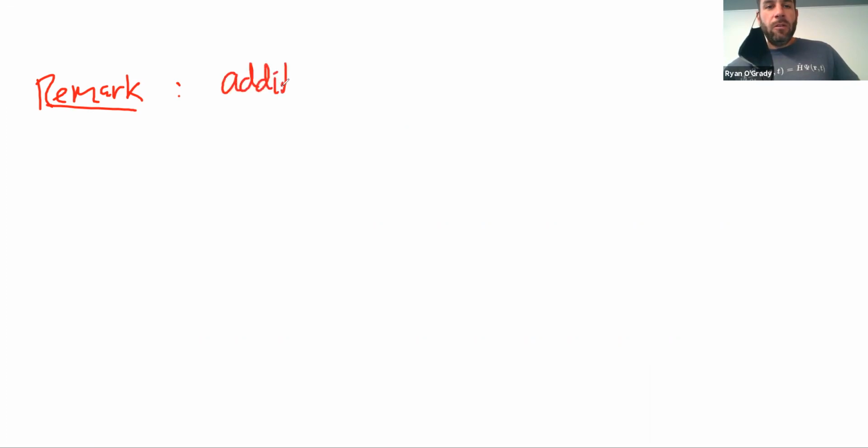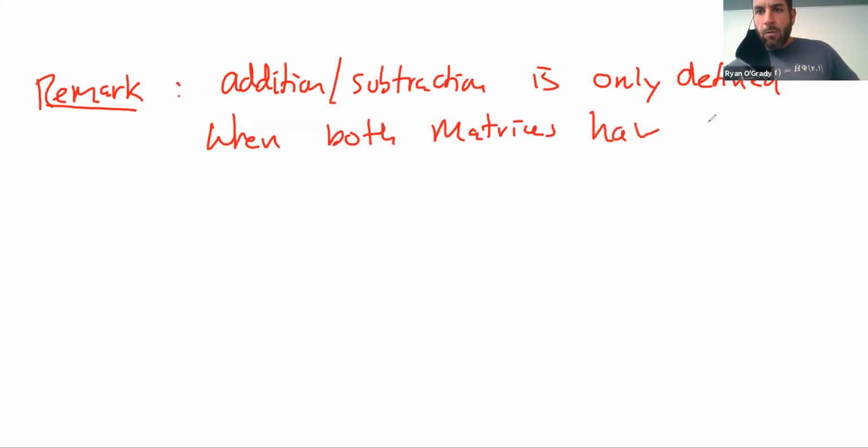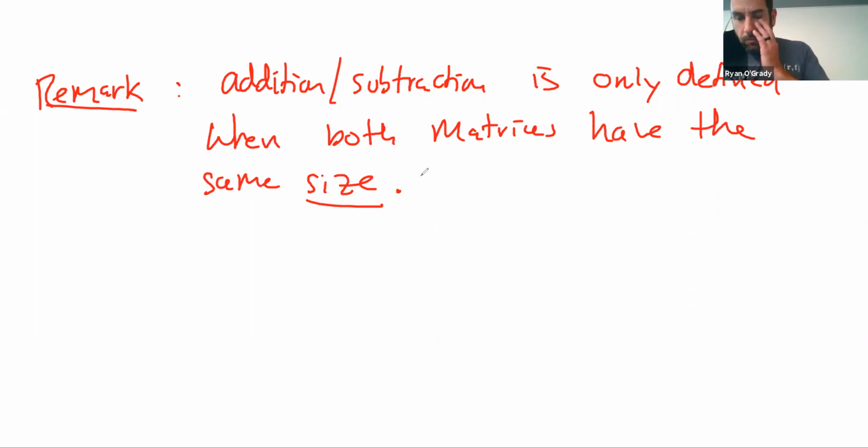Addition and subtraction is only defined when both matrices have the same size. So the fancy word for that is dimension, but we're not going to get into that. But some of you may have heard of that before.